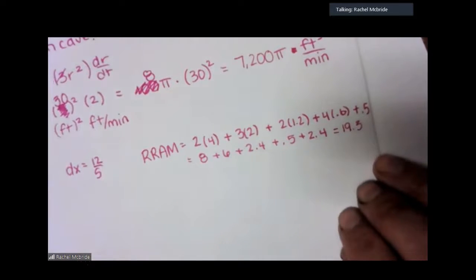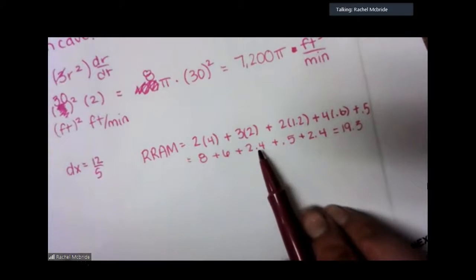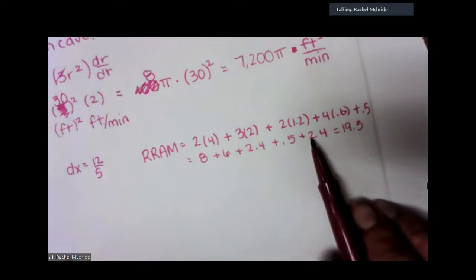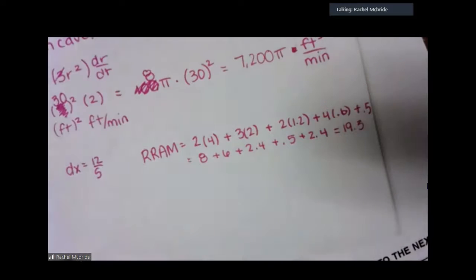So 8 plus 6 is 14, 16.4, plus 2.4 gave you 18.8, plus 0.5 gave you 19.3.